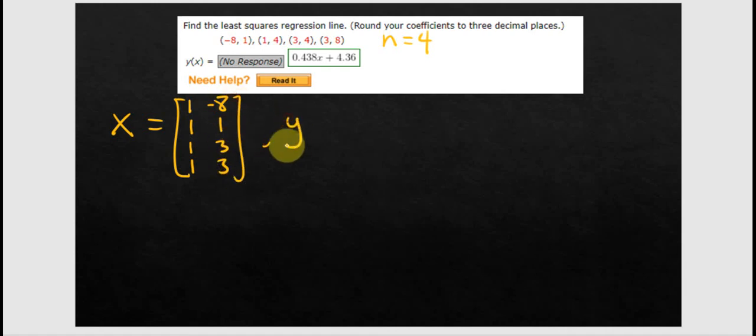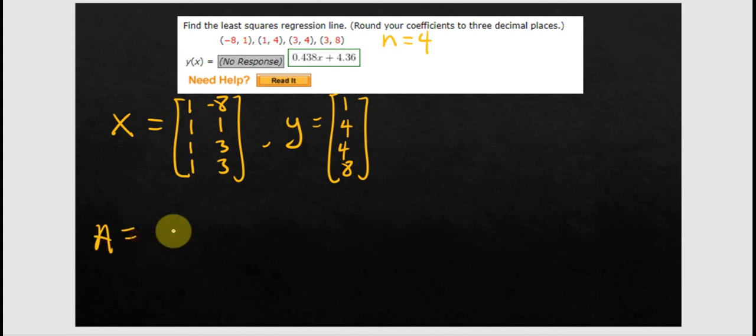And now Y is set to be just the y values, 1, 4, 4, and 8. And almost like in the section for the Markov chains, once you figure out the matrix, then everything after that is a piece of cake.